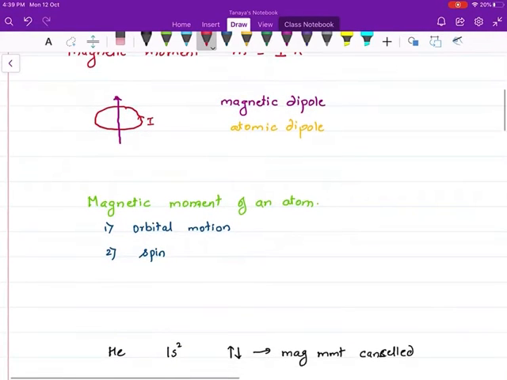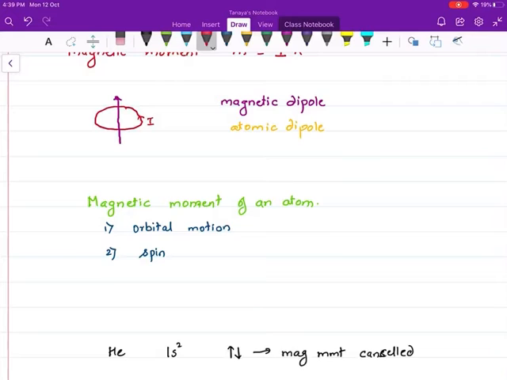Now, in the last class we had studied the orbital magnetic moment, but we did not discuss the spin moment, is it not? So the magnetic moment of an atom is because of the orbital motion of the electron and also the spin motion of the electron. So the net magnetic moment of an atom is a combination of both this orbital motion and spin motion.